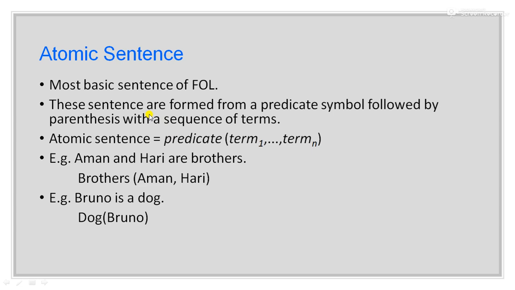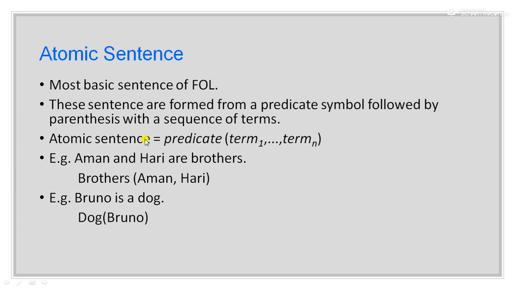For example, Aman and Hari are brothers. The relation between these two persons is that they are brothers. So brothers is a predicate, and Aman and Hari are terms. We represent this sentence in first order logic as brothers(Aman, Hari).